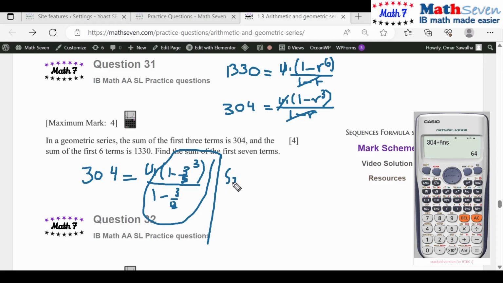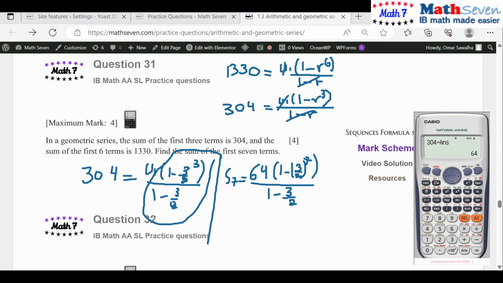The sum of 7 terms equals u1, which is 64, and then just direct substitution: 1 minus (3/2), all of the 3/2 to the power of 7, over 1 minus 3/2. So let's do the math for that.